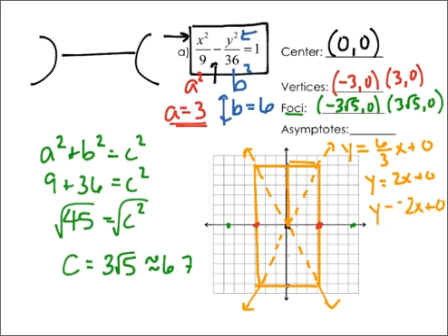You don't really need to put the plus 0, so the asymptotes are just y equals 2x and y equals -2x. Last but not least, we need our hyperbolas. So I go back to the vertex, make sure you start at the vertex, and get really close to those asymptotes, because remember, the asymptotes attract the curves.